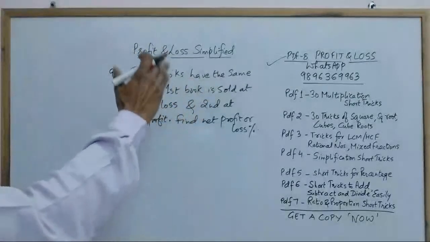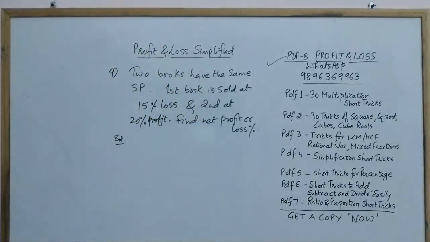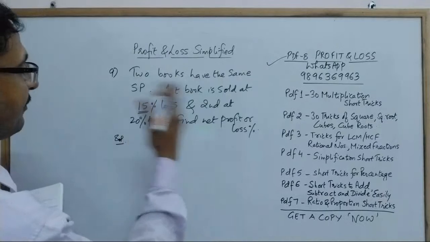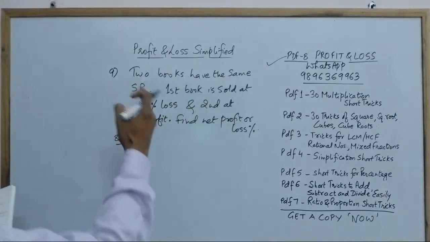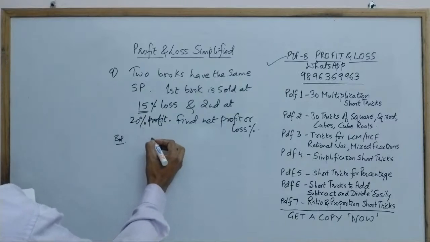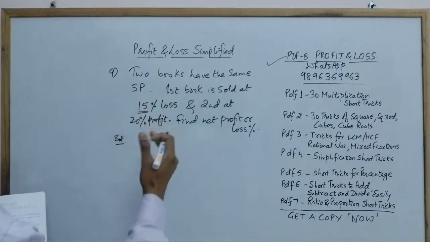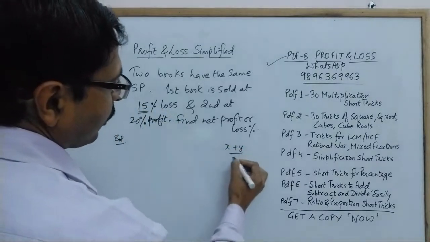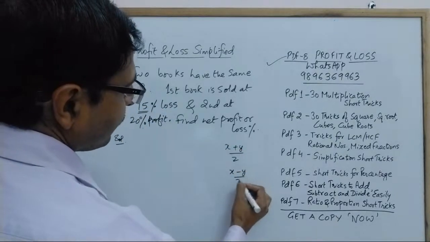Now what happens when there is a loss? Whenever there is a loss, you need to understand that we have to take the difference. When one is loss and one is profit, then obviously loss is negative and profit is positive, or you can do it the other way. If it was x plus y by 2, now you can use x minus y by 2, right?